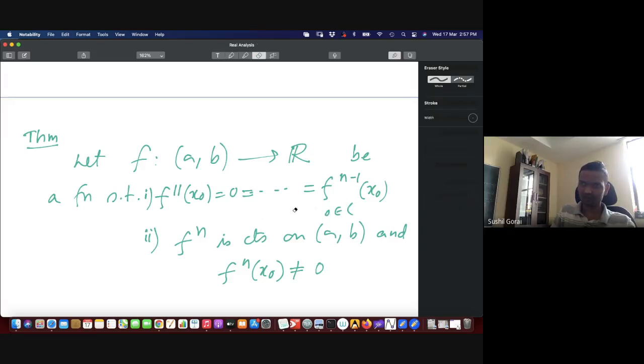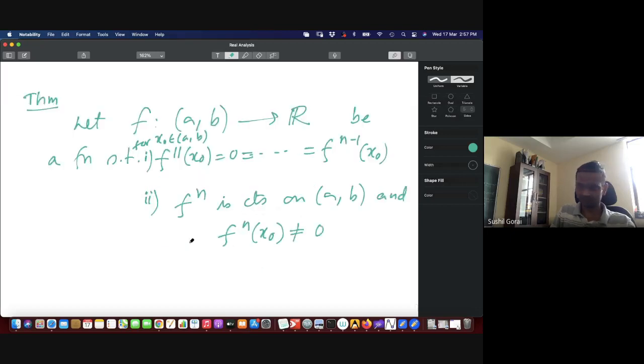So x naught is fixed in the very beginning, such that x naught is in [a, b].